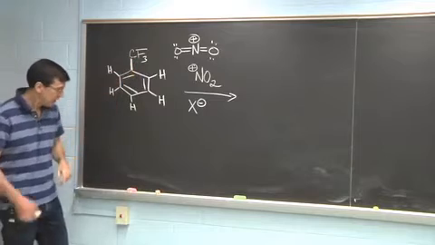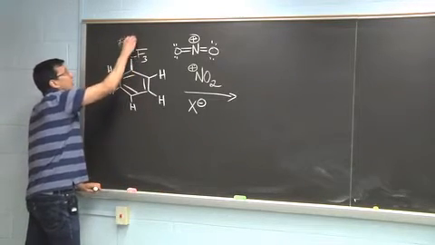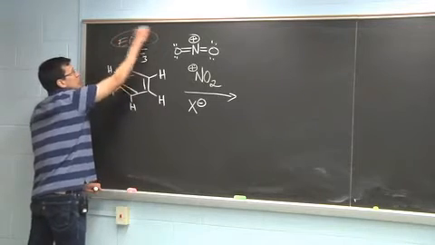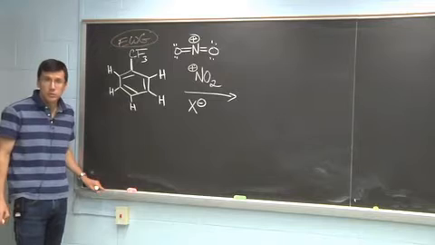So this group right here, the CF3 group, is one of the most famous examples of an EWG, or electron withdrawing group.